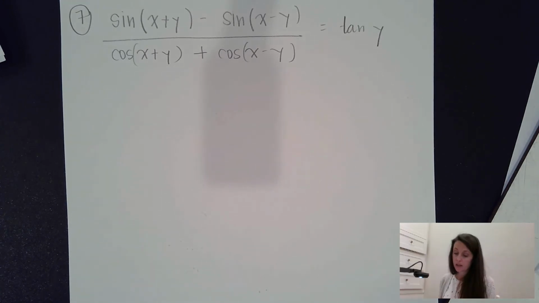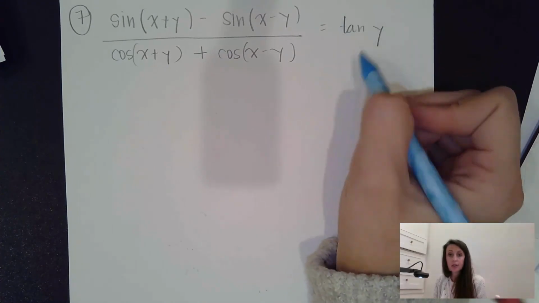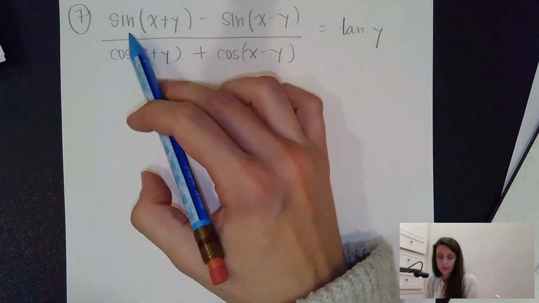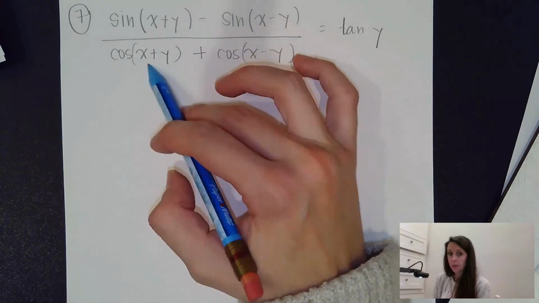Well, I'm going to show that that equals tangent of y. So there's nothing much I can do with tangent, but I can expand both of these and both of these.